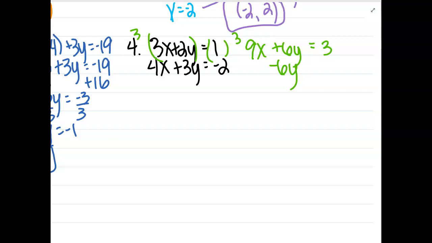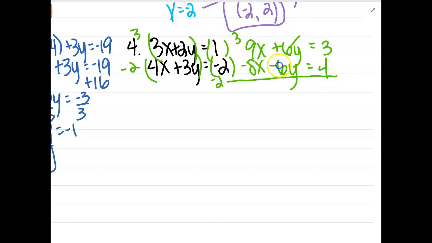Okay, for the second equation, how do you go from 3y to a negative 6y? Times negative 2. So negative 2 times 4x is negative 8x, negative 2 times negative 3y, there's my negative 6y, and then negative 2 times negative 2 would be a positive 4.